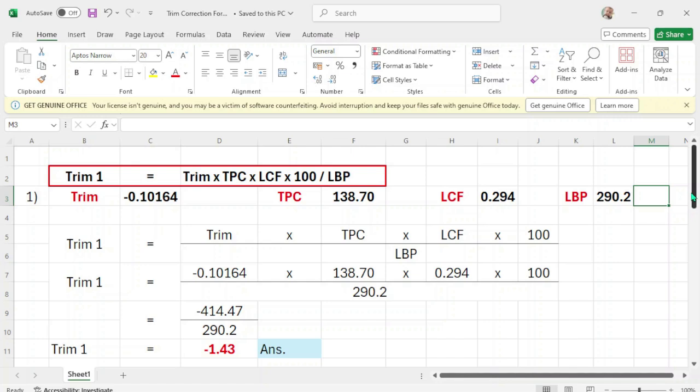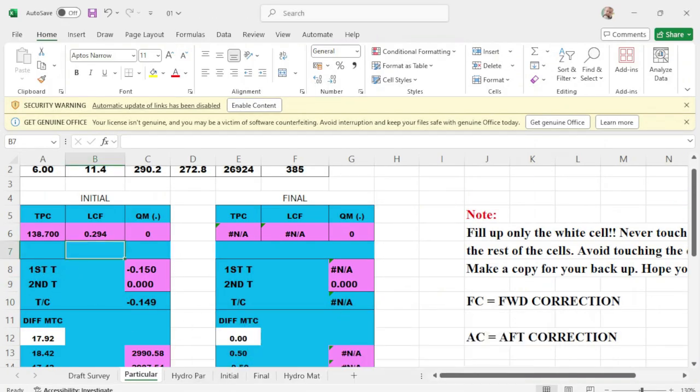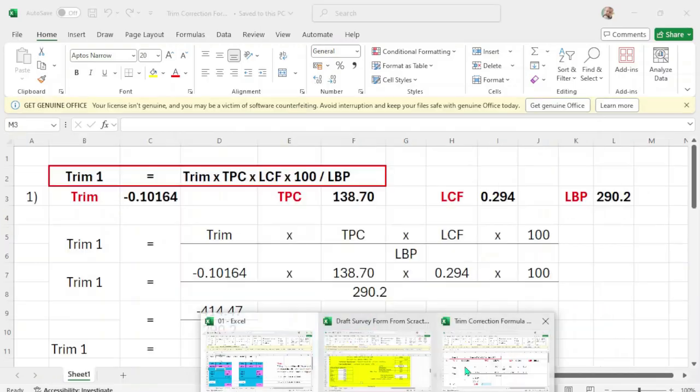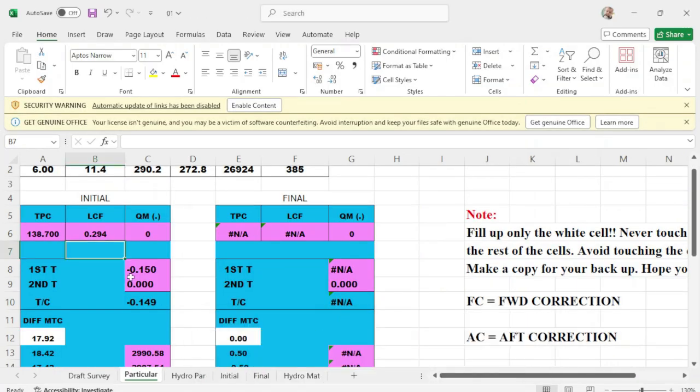Okay. The trim correction formula is trim times TPC times LCF times 100 over LBP. So trim correction 1, which is this one, and the formula is trim times TPC times LCF times 100. Okay, so we go to trim number 1. Okay, get the formula.